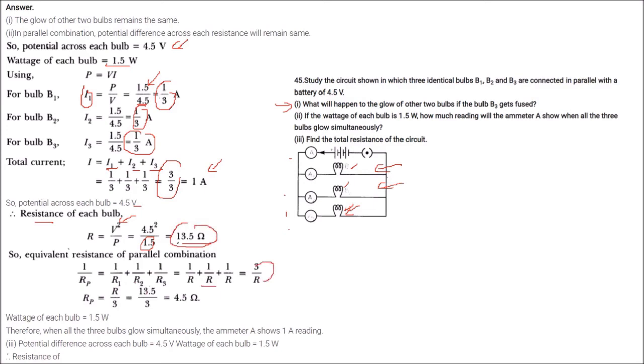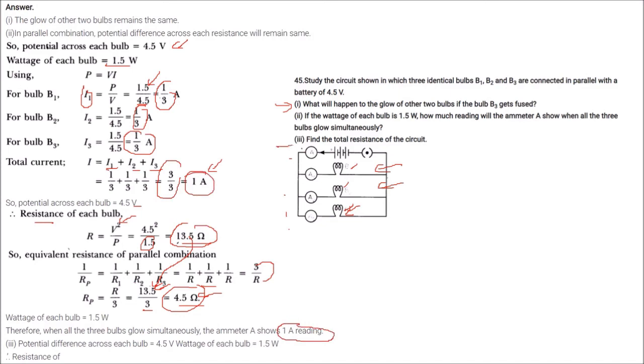R by 3 is 13.5 by 3, which is 4.5. So the wattage of each bulb is 1.5 watt, and the total resistance is 4.5 ohm. When all the 3 bulbs glow simultaneously, the ammeter A will show this reading, 1 ampere.